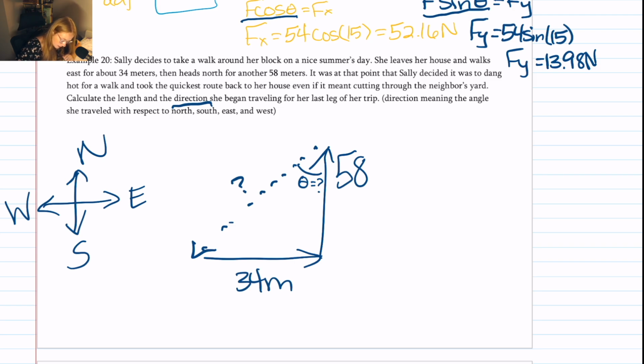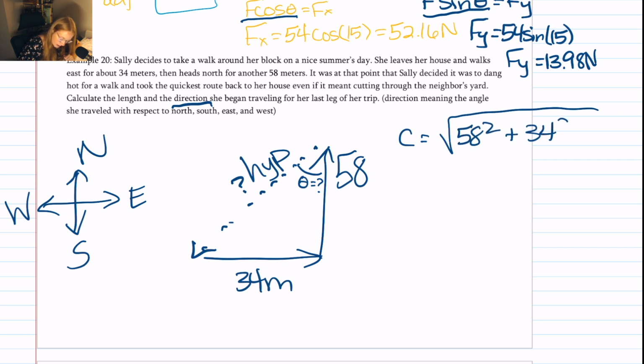Okay, so it looks like this time our missing length is the hypotenuse. So this one's a little different. I'm not breaking it down into x and y. It actually gave me x and y, and I'm looking for that hypotenuse. Well, if you're looking for the hypotenuse, the easiest thing to do is the Pythagorean theorem. We don't even need the trig function, so I'm just going to do the square root of one side squared plus the other side squared.